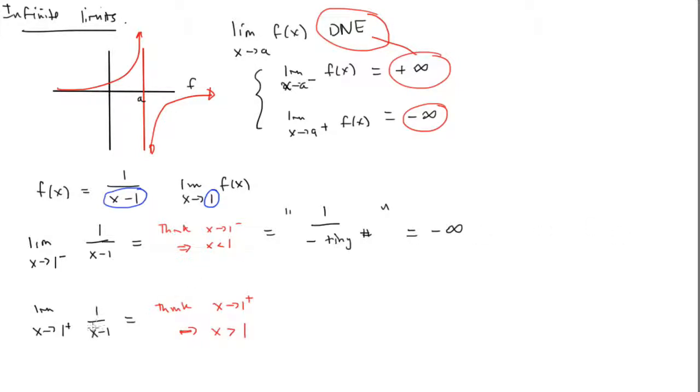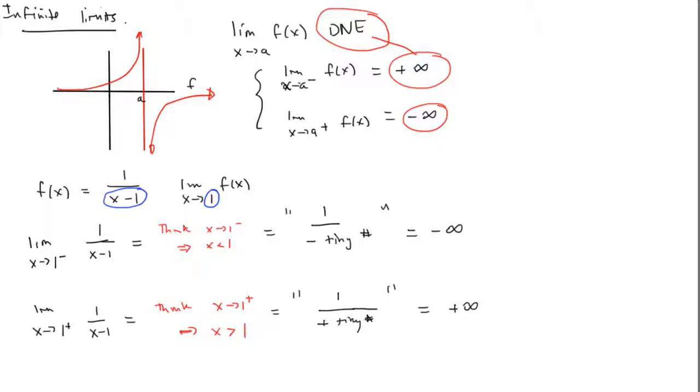So I'm thinking of numbers that are bigger than 1 but pretty close to it, like 1.1 and so on. If I subtract 1, I now have a positive tiny number. And so we'll put this in scare quotes too. I have something over a positive tiny number, and by the same argument as before, we'll have an infinity, but this time it'll be plus.